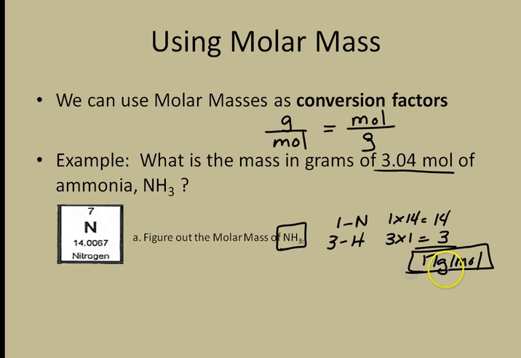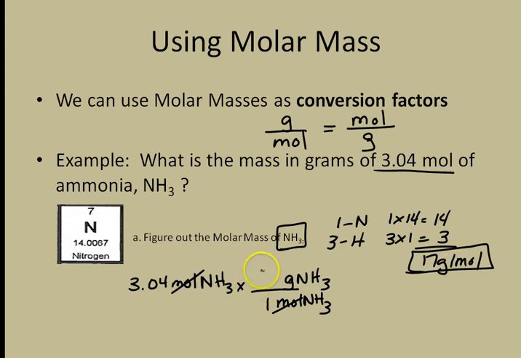I'm now going to use this as a conversion to go between mass and mole of ammonia. So I'm going to write out my given first, which is 3.04 moles of ammonia. I'm going to write that on the bottom in my denominator. Why? So that mole cancels out, and I want to get to grams, so I'm going to write that on top. And I know that 1 mole of ammonia is 17 grams based on my calculation above.